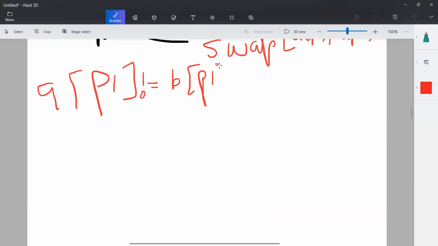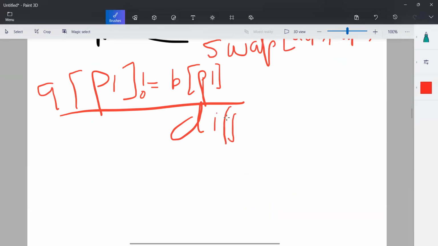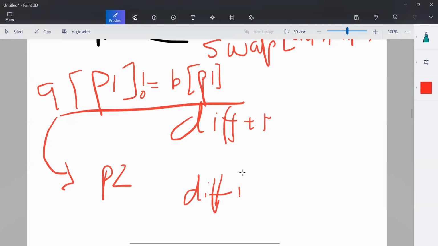This means I again have different characters at position P1, so I'll increment my difference. Similarly, I'll do it for P2: whether A at P2 is not equal to B at P2, then again my difference will get incremented. This way, for all of the queries, I'll maintain my difference variable, right?